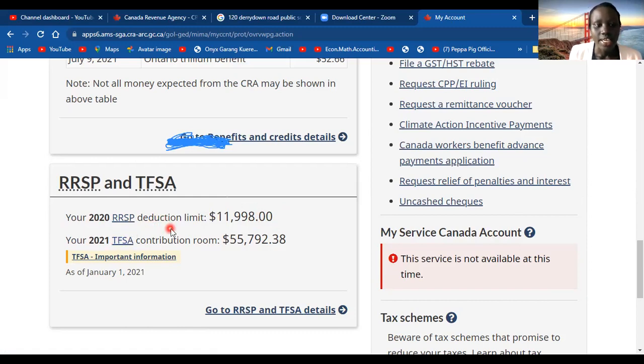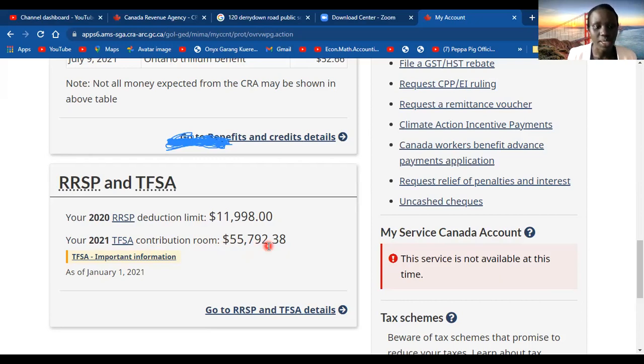For TFSA, for 2021, I have a room of 55,792.38. This means if I have this kind of money, I will use that room to invest.